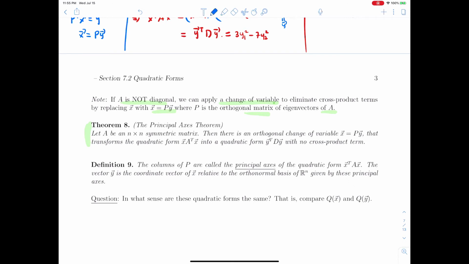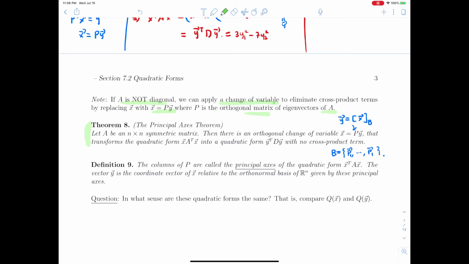But here, I want to note that P was in fact a change of coordinate matrix from the eigenbasis to the standard basis. So we can rewrite this as y equals the B-coordinate vector of the given vector x, where B is the set of eigenvectors for the given matrix A.